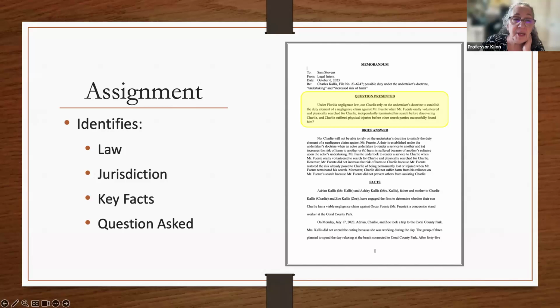So this is where you basically say back to the lawyer, this is what you asked me to do. You don't say it that way, but you say it a little bit more specifically. So under Florida law, can X, where Y? But that's the assignment part.